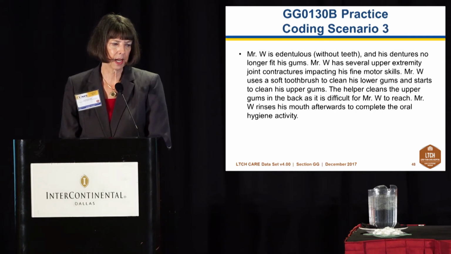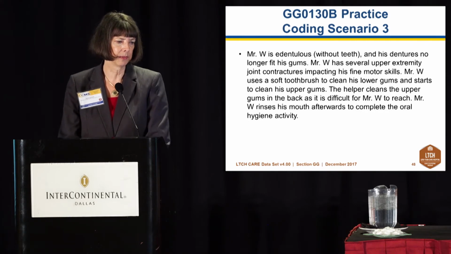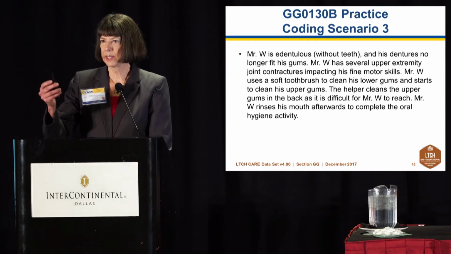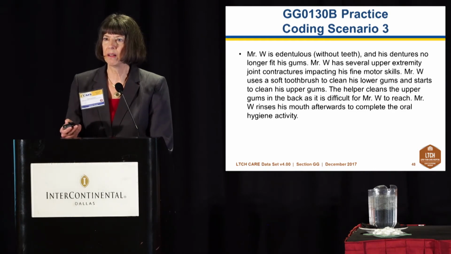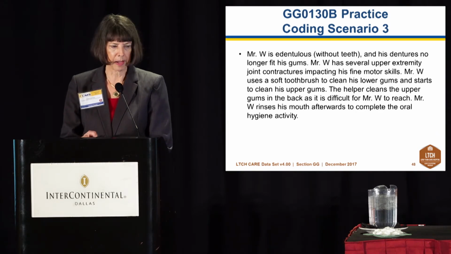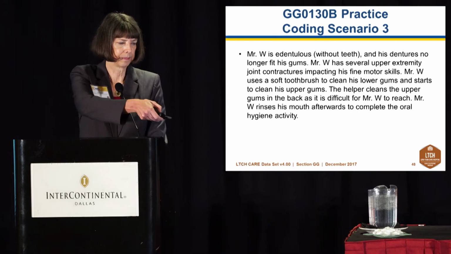The helper cleans the upper gums in the back, as it is difficult for Mr. W to reach. Mr. W rinses his mouth afterwards to complete the oral hygiene activity. So take a look at all the tasks involved in this activity and then determine the amount of assistance that was required. That is key.